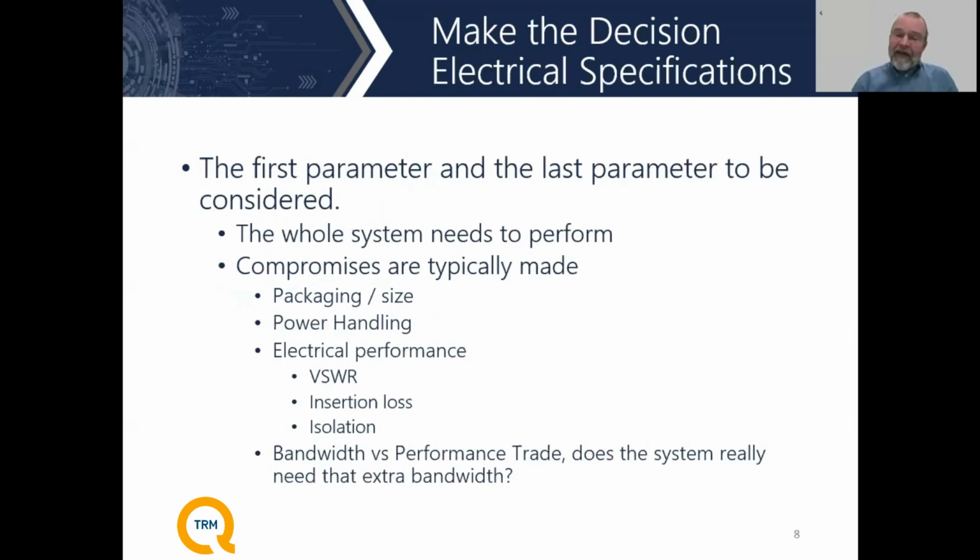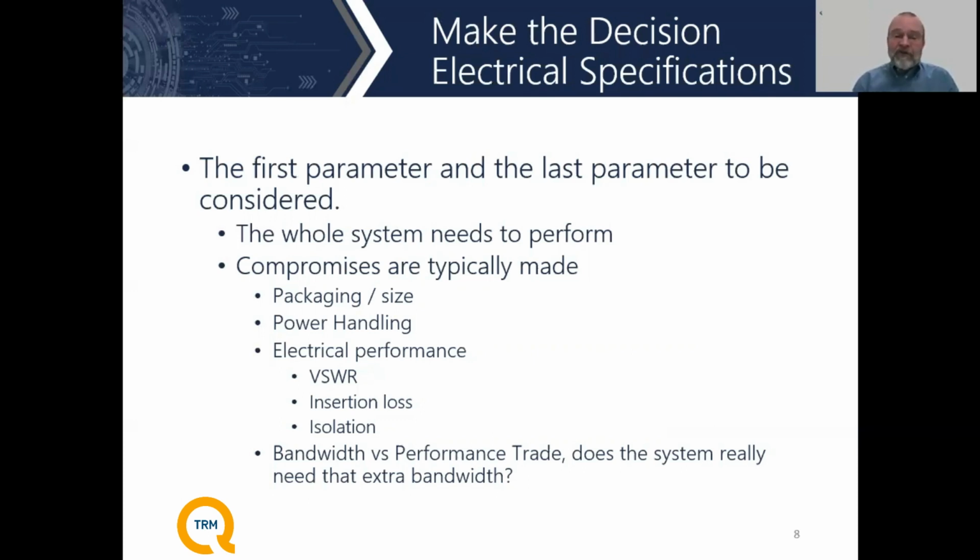After all of that, you would think that electrical specifications would be the most important, but it turns out that a lot of the packaging requirements, as I just kind of reviewed, and the environments, sometimes are much more important than the electrical parameters. So it's sort of interesting that the first and last parameter that you have to look at are the electrical specs.